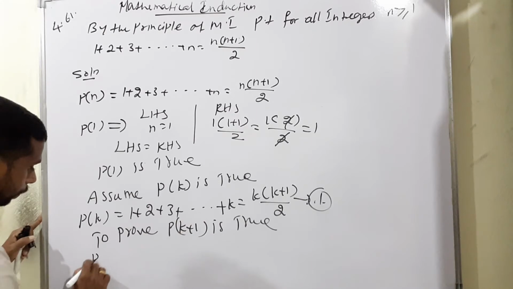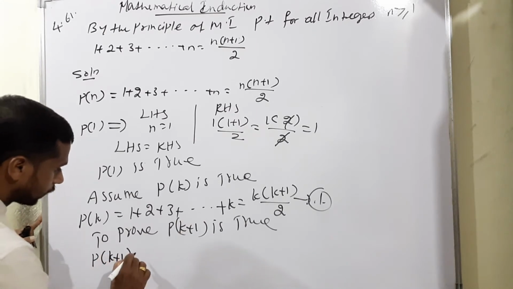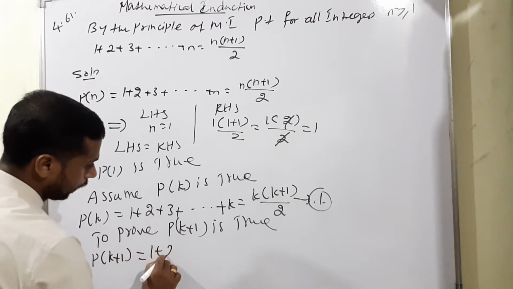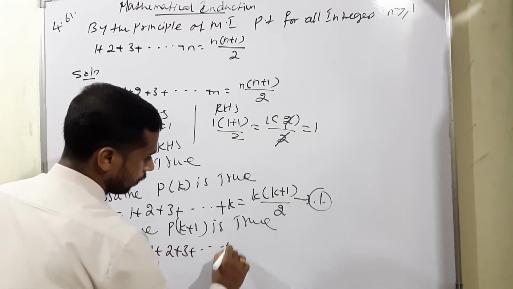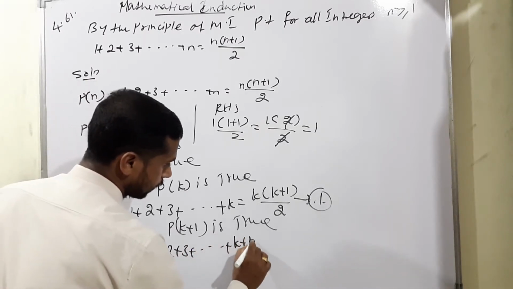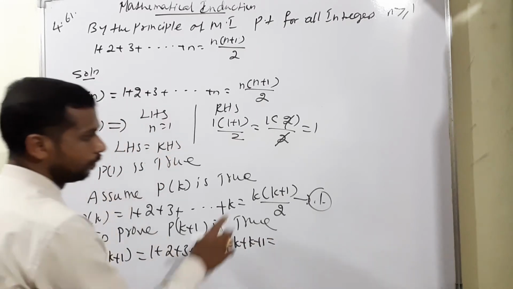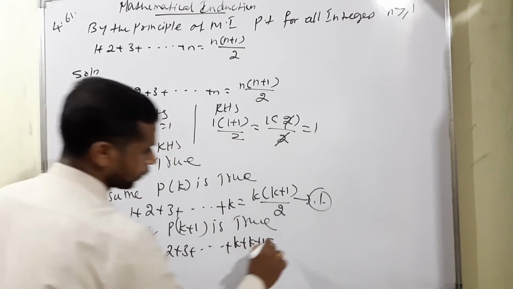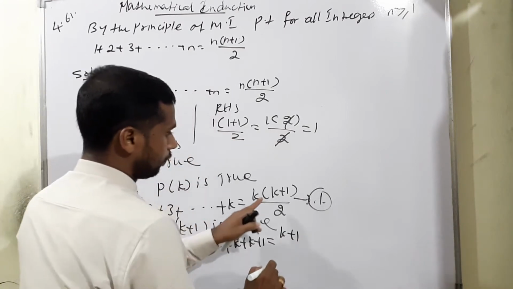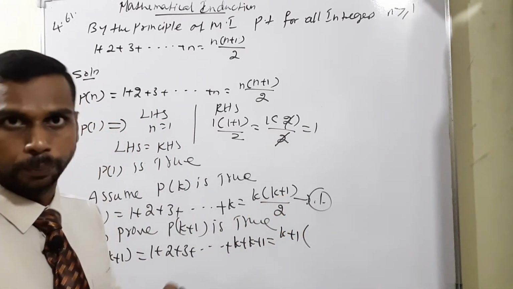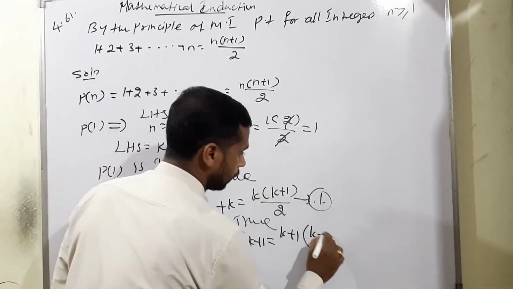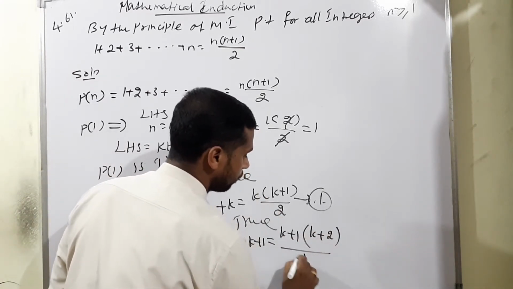So P of k plus 1 is 1 plus 2 plus 3 plus dot dot dot plus k plus 1 is equal to k plus 1 into, inside already plus 1 is there, therefore plus 2 will come, so we can write k plus 2 divided by 2.